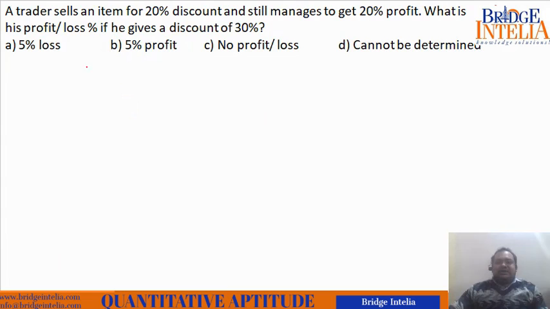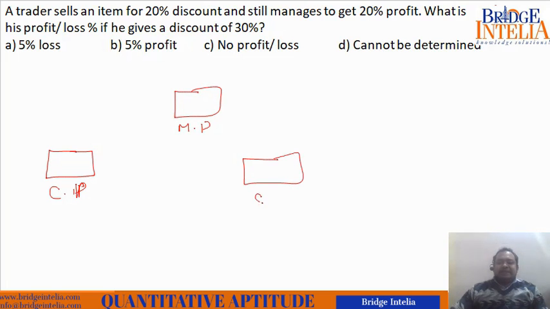A trader sells an item for 20% discount and still manages to get 20% profit. What is his profit or loss if he gives a discount of 30%? So let's understand what this question is. Cost price, marked price, selling price.